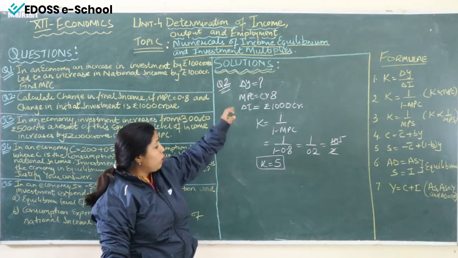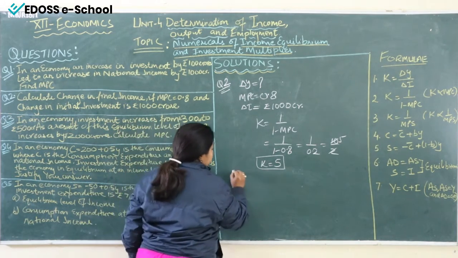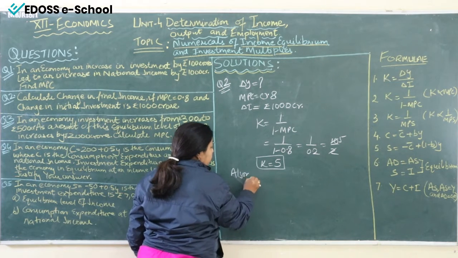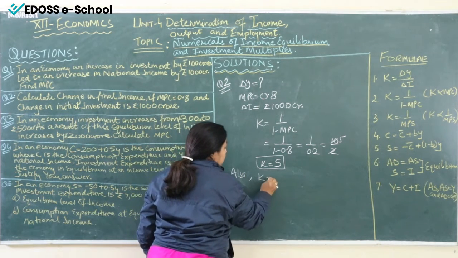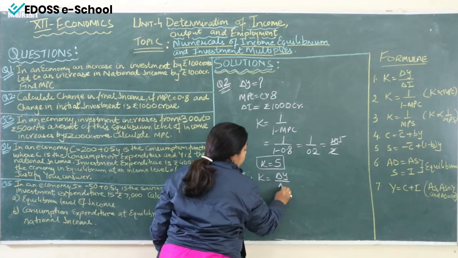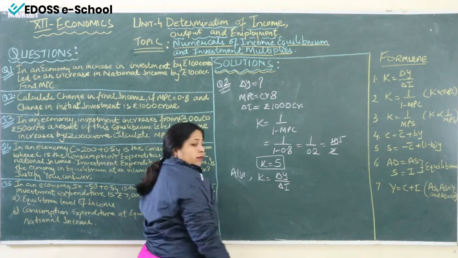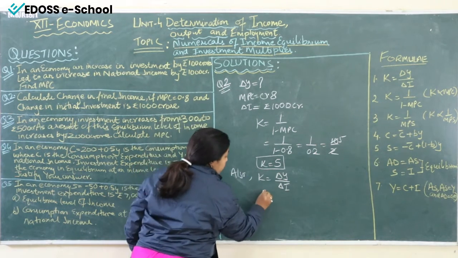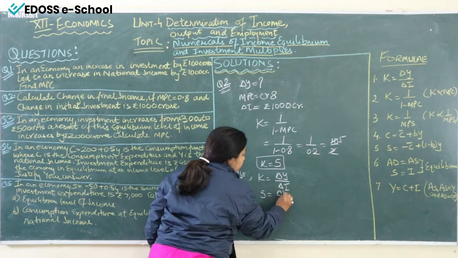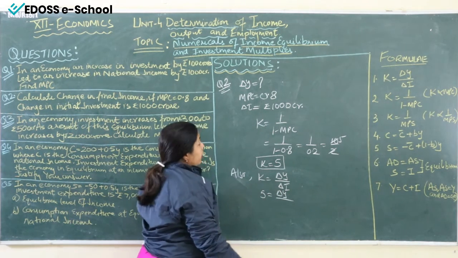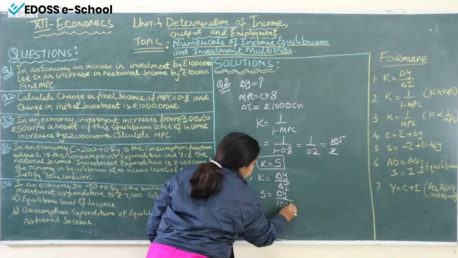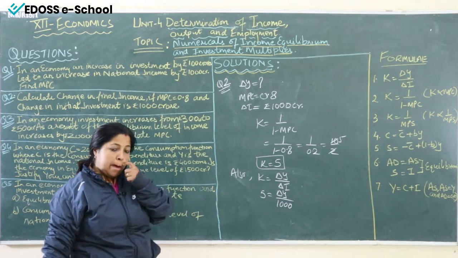Now we have to find out delta y. For delta y we will make use of another formula of k, that is k is equal to delta y upon delta I. So, k is 5, delta y we want to calculate and delta I is 1000. Fine.